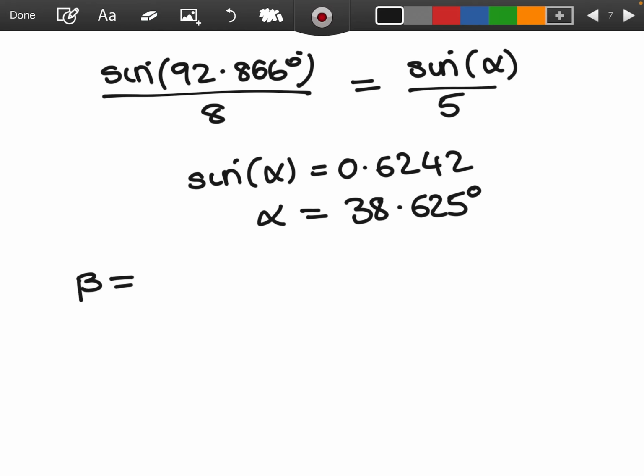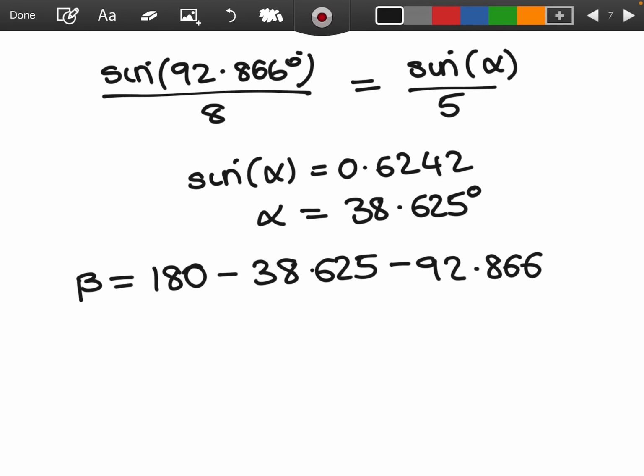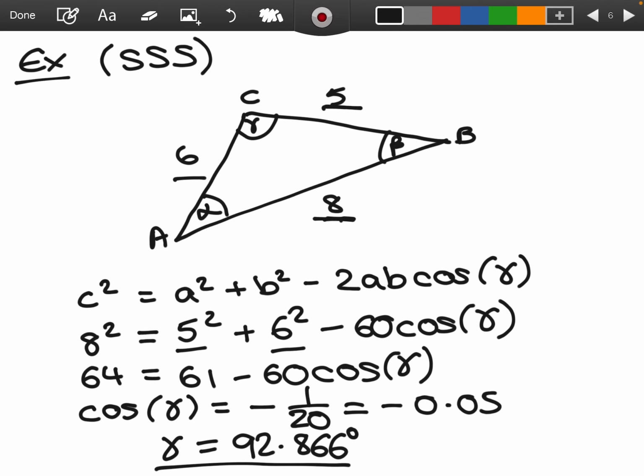I can just take my two angles, add them together and subtract from 180. Okay. And when you do that, you should end up with beta is equal to 48.509.